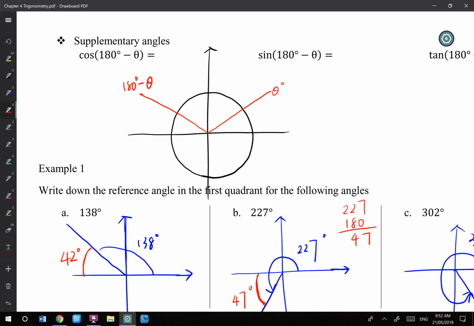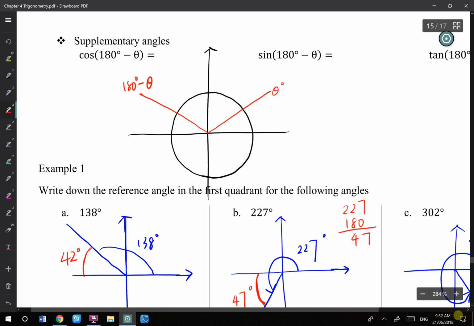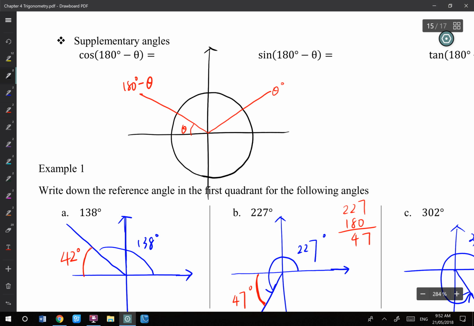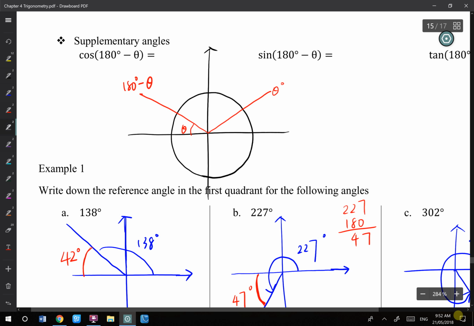This is symmetrical about the y-axis. Also, the reference angle here is theta degrees. Okay, I ask you a question. If the coordinates here are A, comma B, what are the coordinates here?